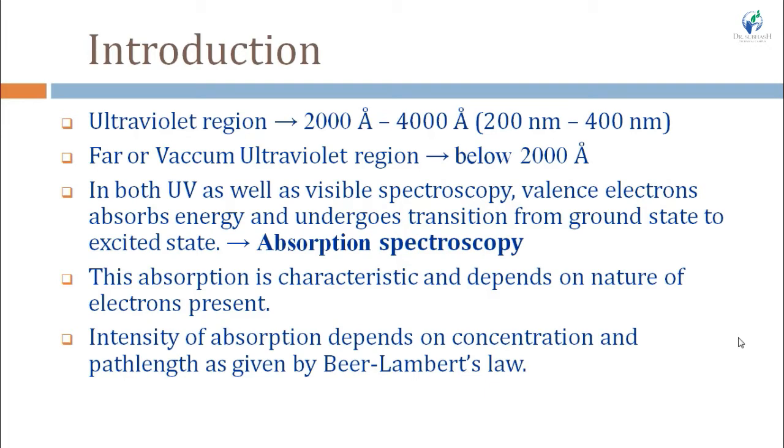Because of that, ultraviolet and visible spectroscopies are both considered in the class of absorption spectroscopy, because after absorption of electromagnetic radiation, means energy, the electron goes to the excited state from the ground state. It absorbs energy, that's why. And this absorption of electromagnetic radiation is characteristic and depends on the nature of electrons present. Intensity of absorption depends on concentration and path length as given by Lambert-Beer's law.